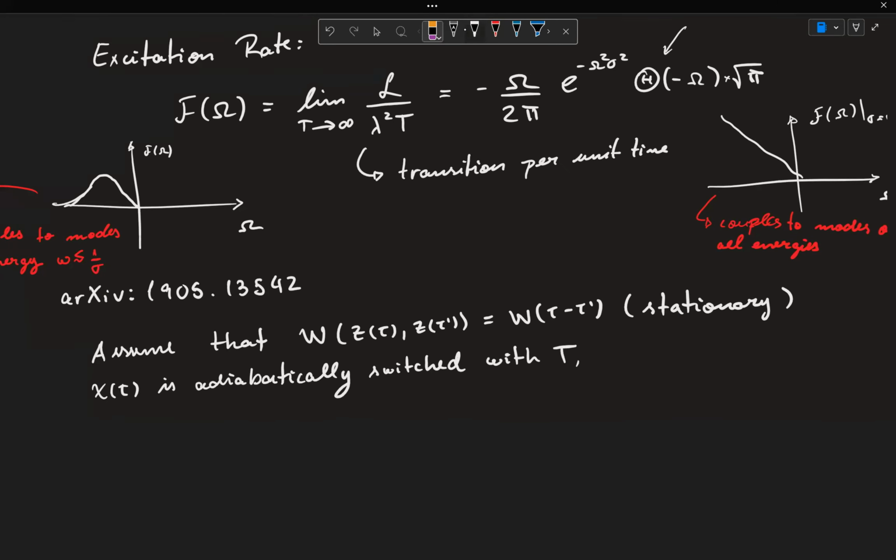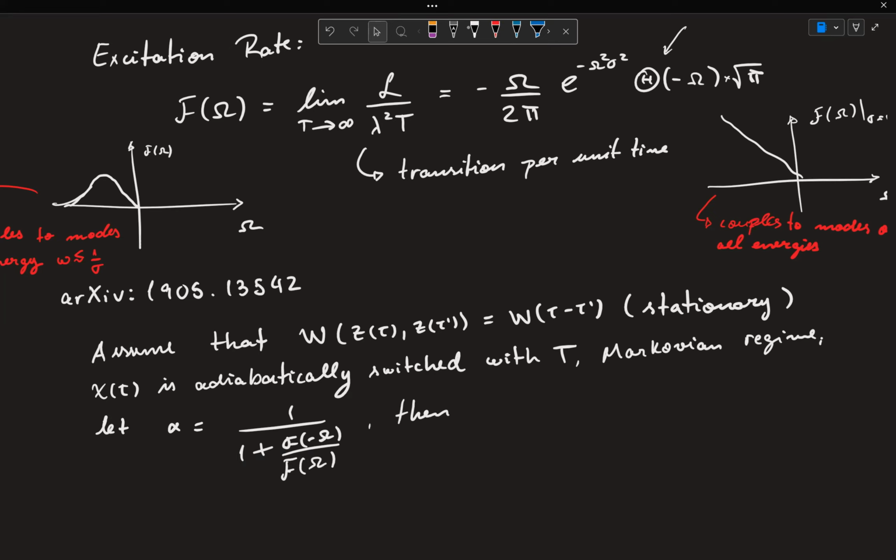Then let alpha be 1 divided by 1 plus f of minus omega, which is the de-excitation rate, divided by f of omega.